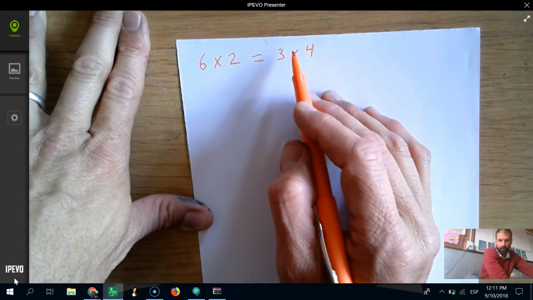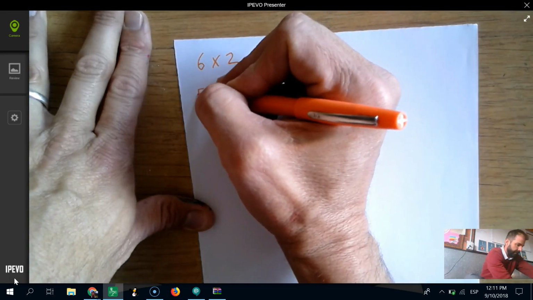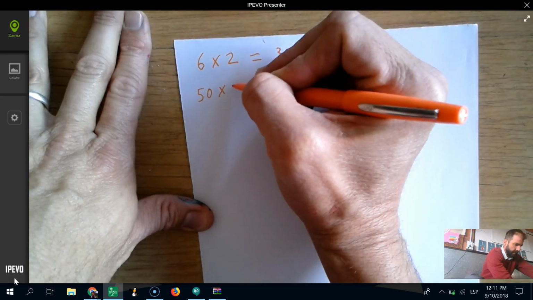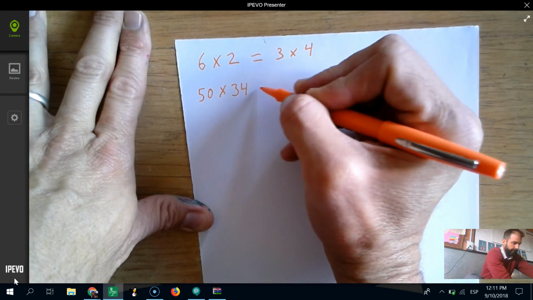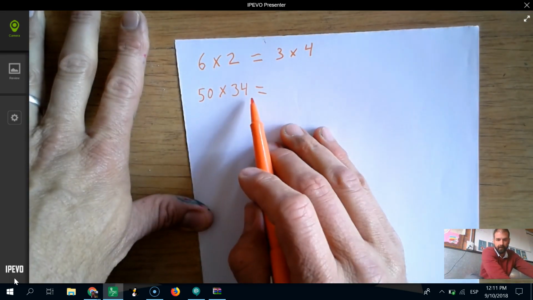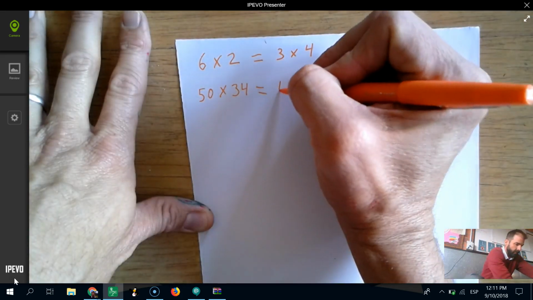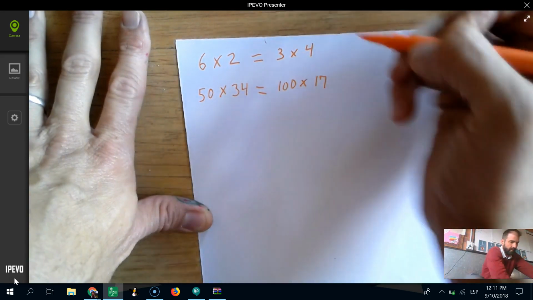They are equal. And the reason that's important is because if you have a problem like 50 times, let's say, 34, a little bit harder than that, you can turn this into the equivalent. If we double 50 and halve 34, we have 100 times 17.